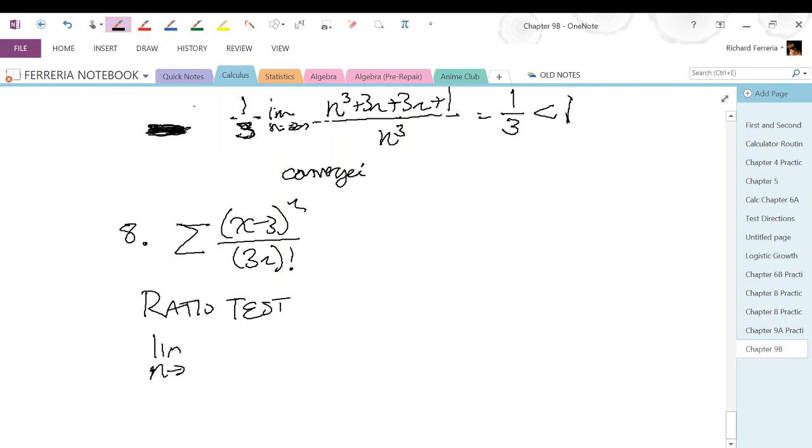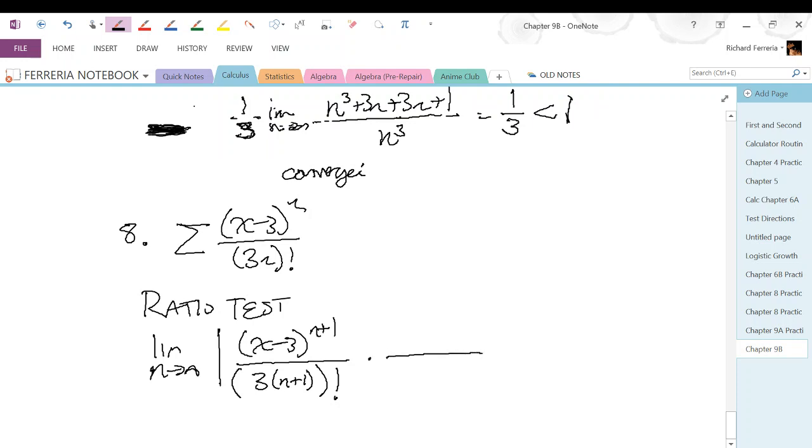So the limit as n approaches infinity of (x minus 3) to the n plus 1 on top of, now be really careful here, (3n plus 1) factorial. Be really careful about the way you substitute that.